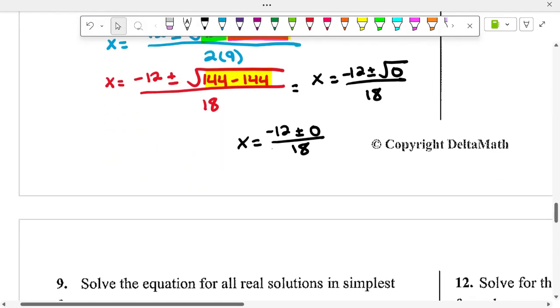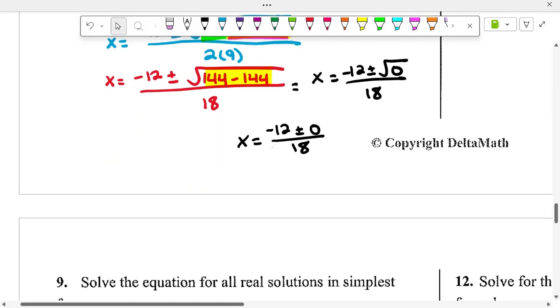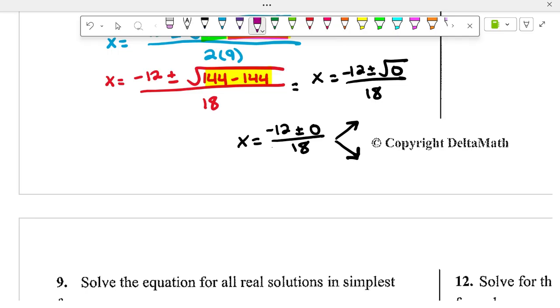Now, the radical is gone, so that means we can break apart the plus and minus. So I have negative 12 plus 0 over 18, and negative 12 minus 0 over 18. Now, let's be honest here: if you add or subtract 0, won't it pretty much be the same?